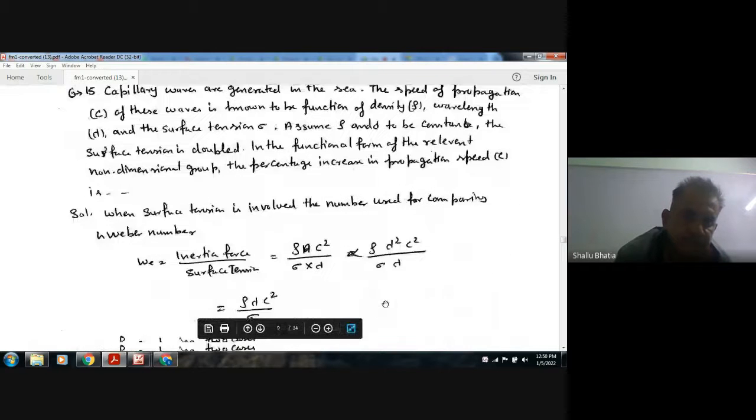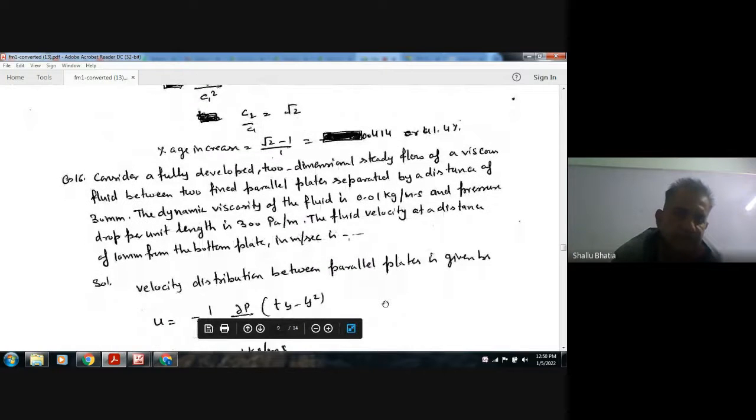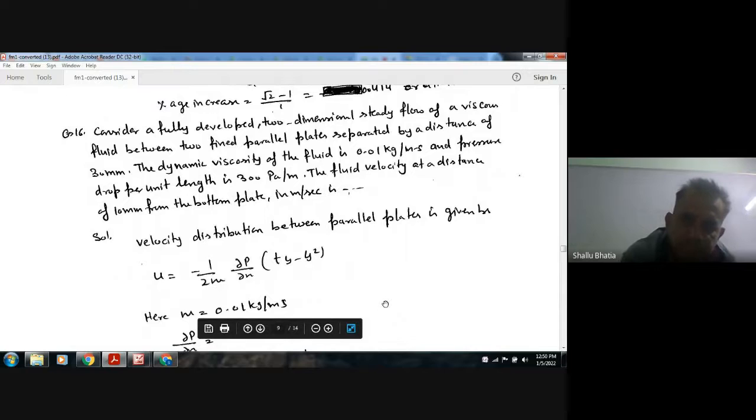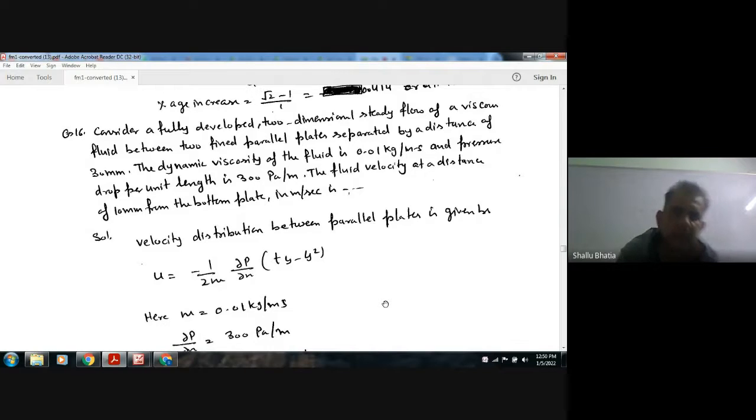Okay. Next, question number 16. Consider a fully developed two-dimensional steady flow of a viscous fluid between two fixed parallel plates separated by a distance 30 mm. Dynamic viscosity of fluid is 0.01 kilogram per meter per second, and pressure drop per unit length is 300 pascal per meter. The fluid velocity at a distance of 10 mm from the bottom plate in meter per second.